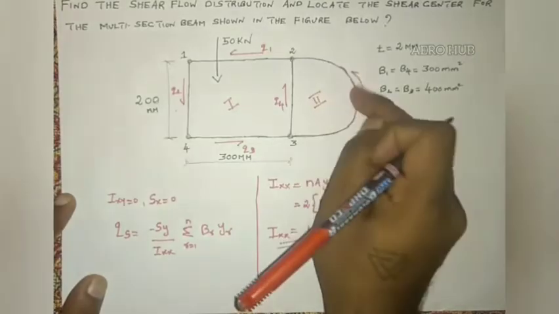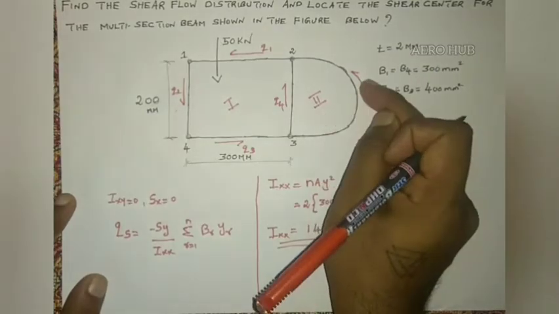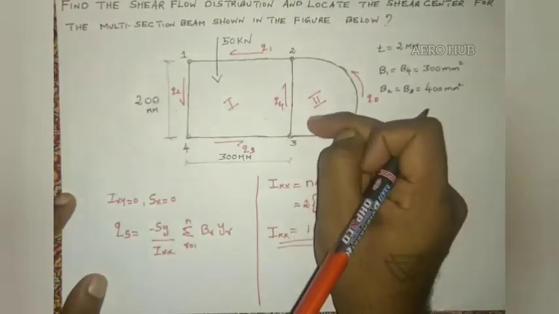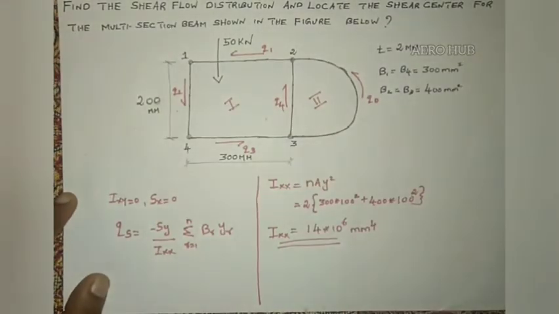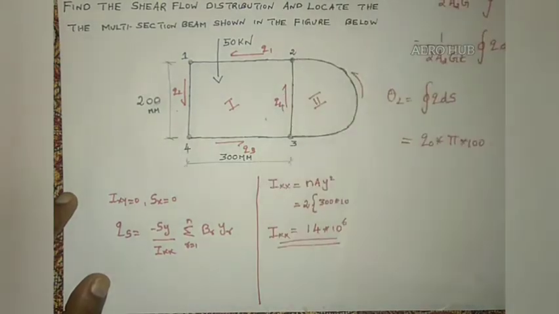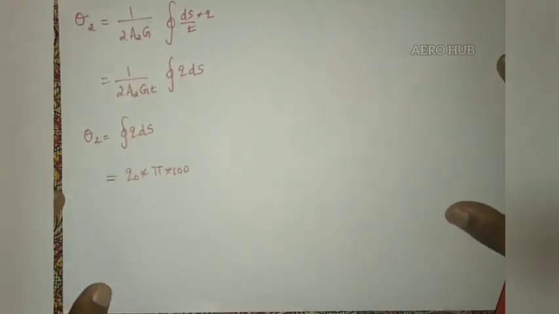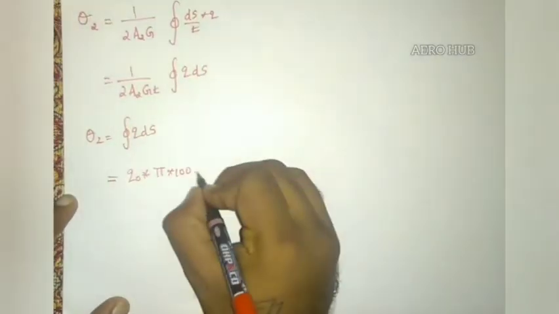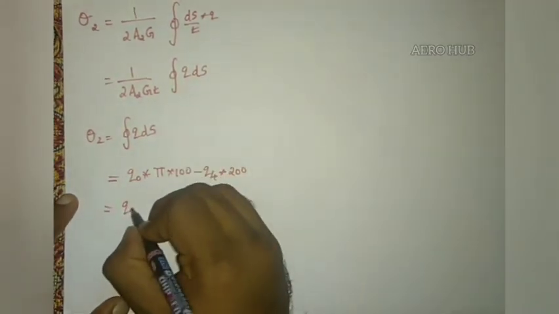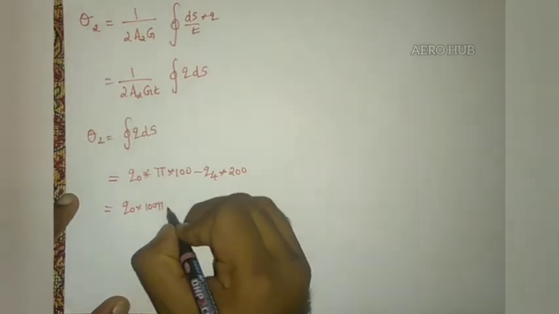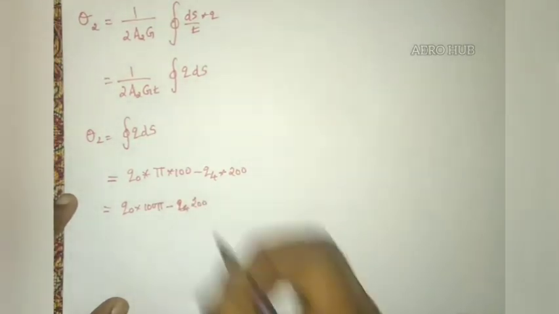Q naught is rotating the cell number 2 in anti-clockwise direction, so that is positive shear flow, and Q4 is rotating cell number 2 in clockwise direction, therefore it will be a negative shear flow. So we have to consider Q4, and the length is the length of the web, that is 200. So this will be minus Q4 into 200. Okay, so Q naught into 100 pi minus Q4 into 200.